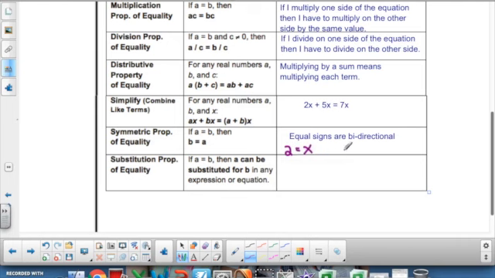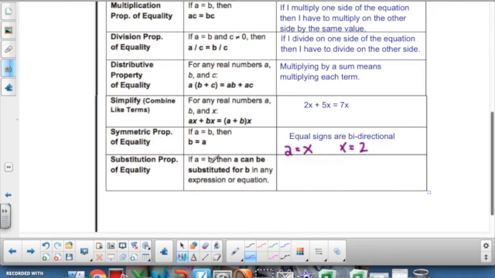And then when you go up to look at the key, it's going to look like this. And you're going to say, is it okay that it's not in the same order? And I'm going to say, yes, because equal signs are bidirectional. And because we have that symmetric property of equality that says it doesn't matter which one comes first. 2 is equal to x, the same as x is equal to 2.